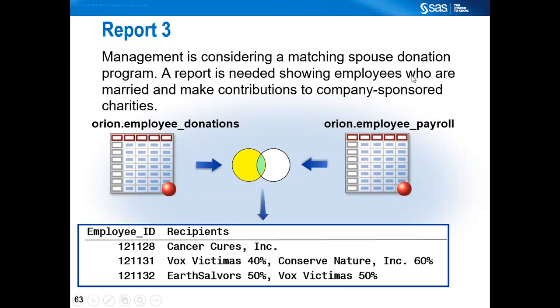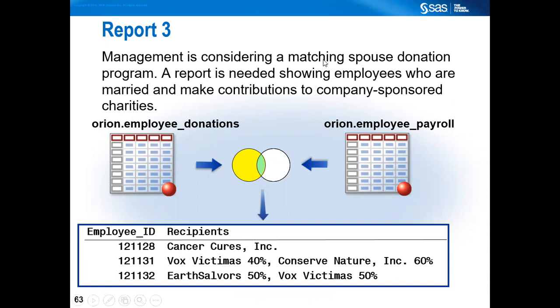It's telling a report is needed showing employees who are married and make contribution to company sponsored charities. So this is your main table for payroll, and donations is actually a subset of payroll, where you have information for customers who are donating. But when we have donation customers, remember we have all the customers, either they are married, single, divorced, okay?